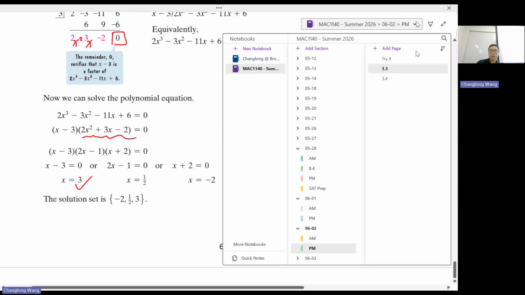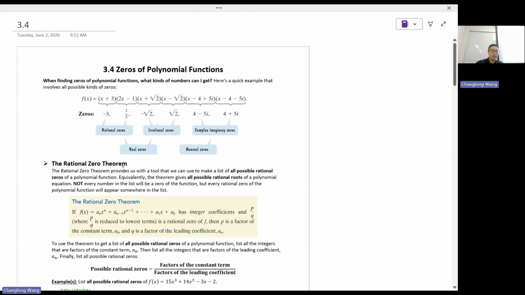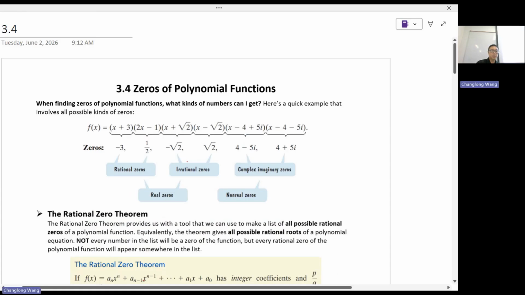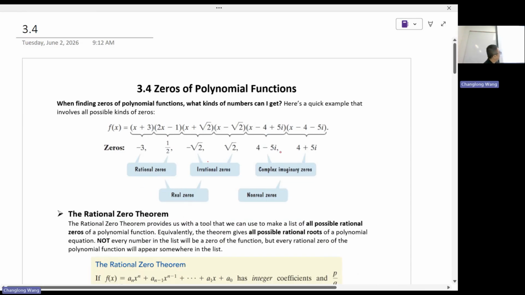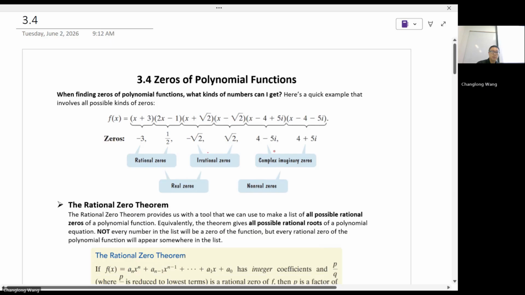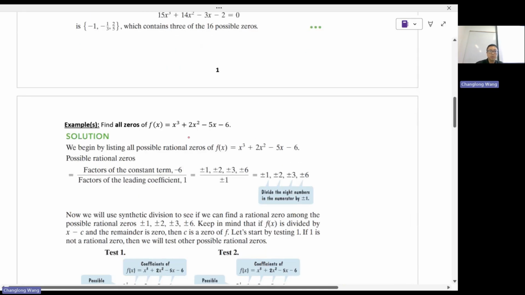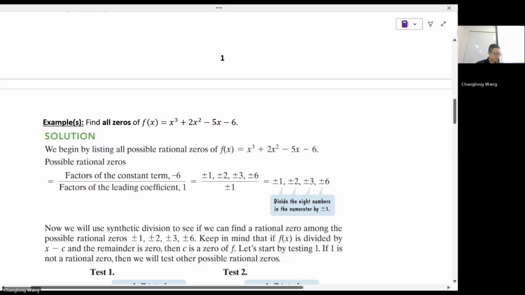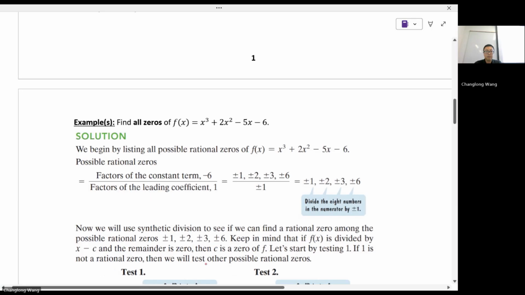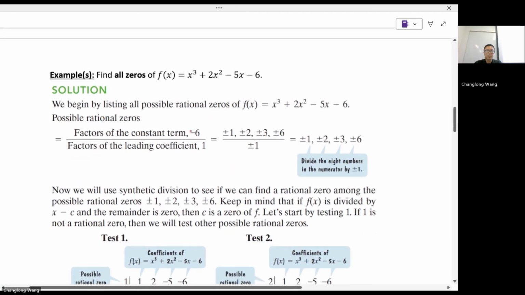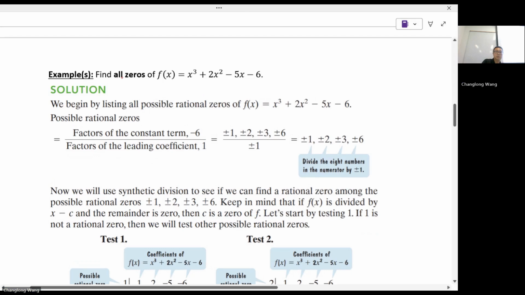But at this point, practically speaking, if we're trying to find zeros of polynomial functions, and we're given a polynomial equation like that, you understand that by finding zeros, they're simply asking you to solve an equation, right? Just by setting the function to 0.